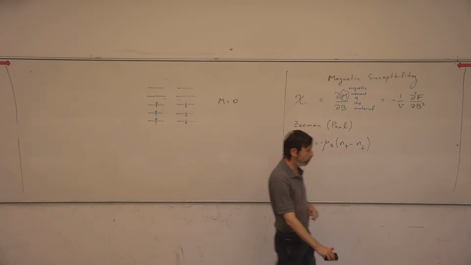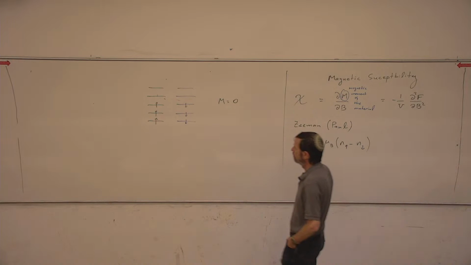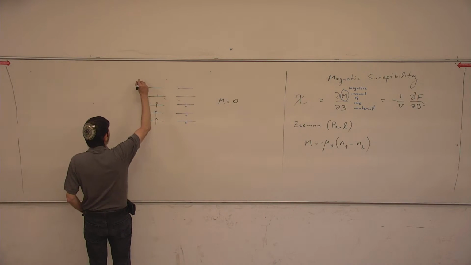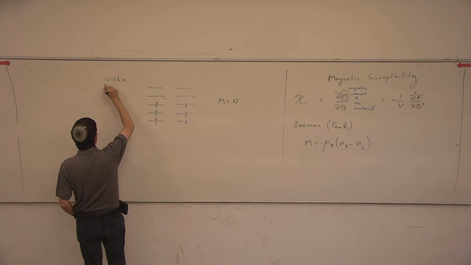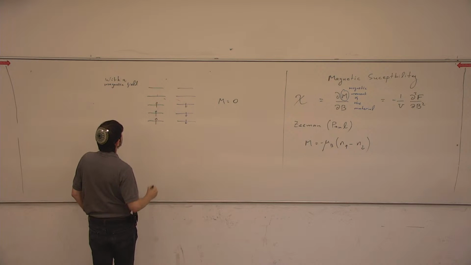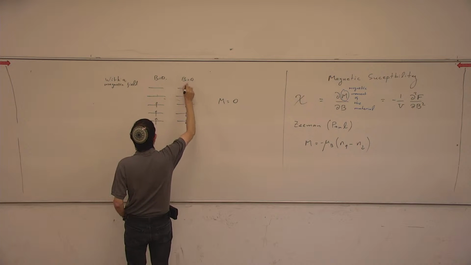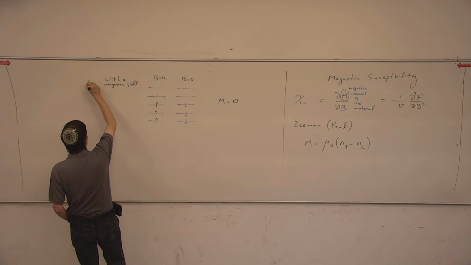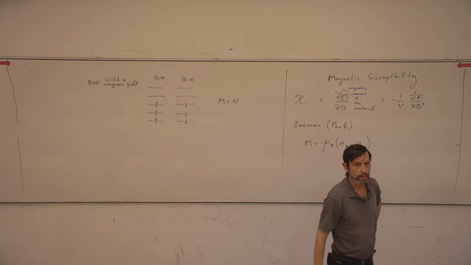Okay, so what happens here when we put a magnetic field? So this is for B equals 0. And what happens then?